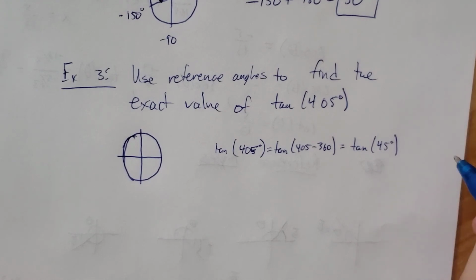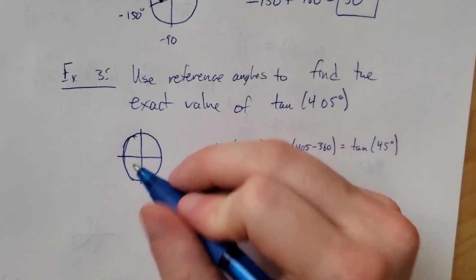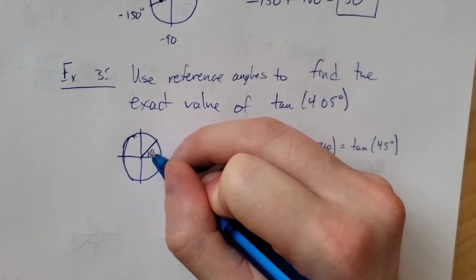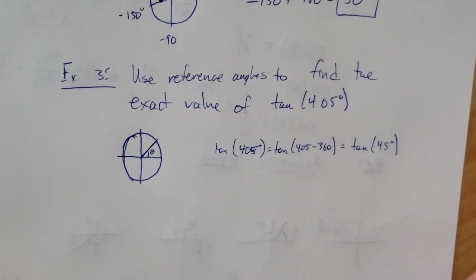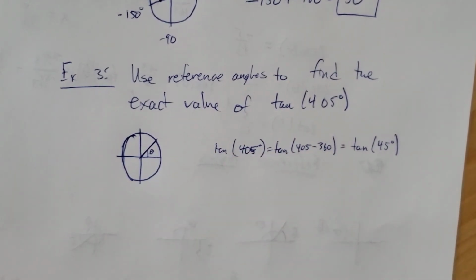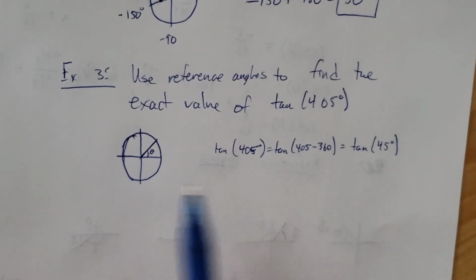Tangent of 45 degrees we know, and also it's in the first quadrant. So our reference angle is the same as the angle we were given, the 45 degrees. So our reference angle is 45 degrees, and we know that the original angle here is equivalent to 45 degrees.